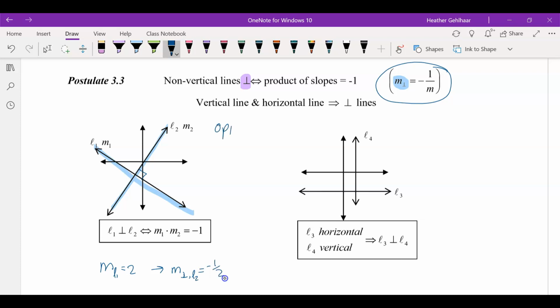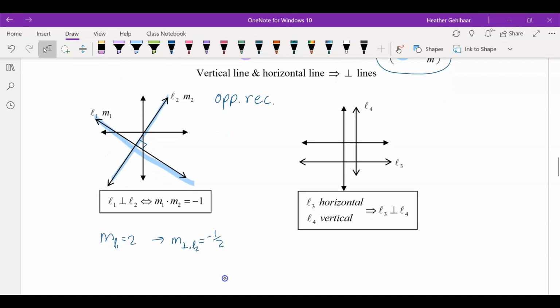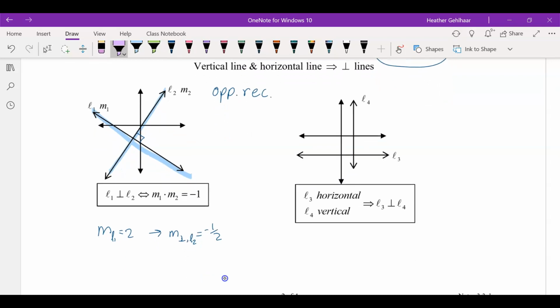Okay, so opposite, reciprocal. One of them will be positive, one will be negative, one will be a fraction, and one will not. In this next example, we have a horizontal line and a vertical line. So we can have slopes like this. However, we have to remember the slope of line 4 is undefined.